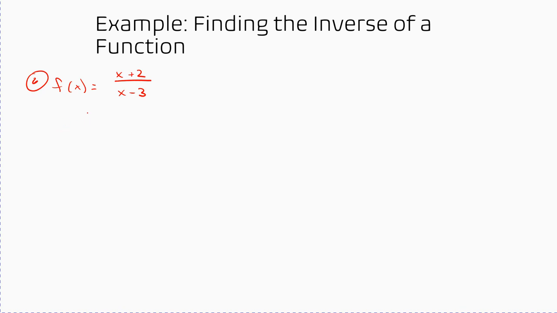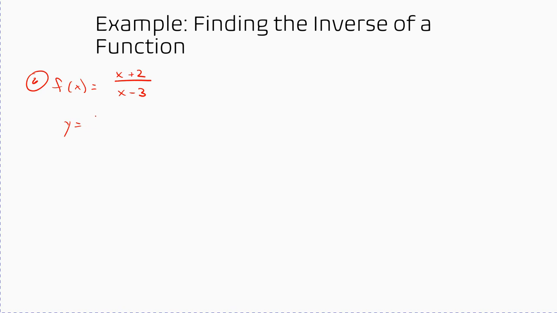So just so we're clear, think about what the domain is. The domain is all real numbers except for 3, because you can't plug 3 in here. What's really interesting is that this would mean the range of the inverse function would be all real numbers except for 3. All right, but let's see how you do the algebra here.